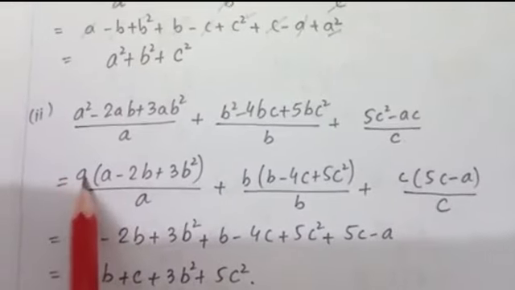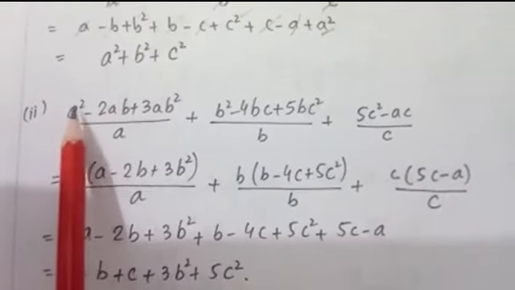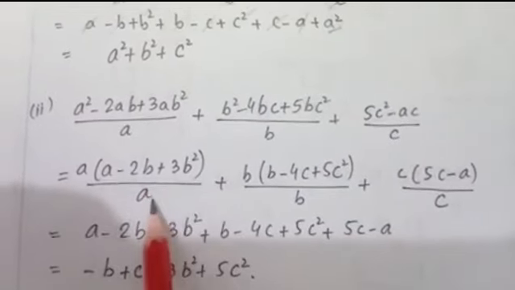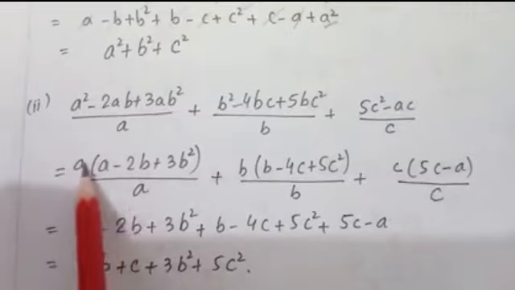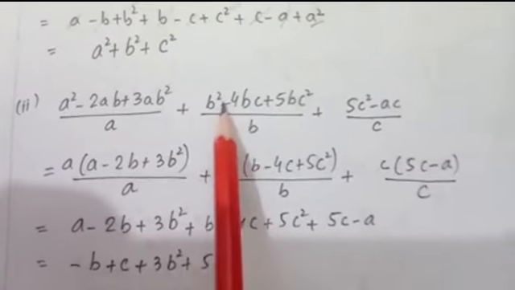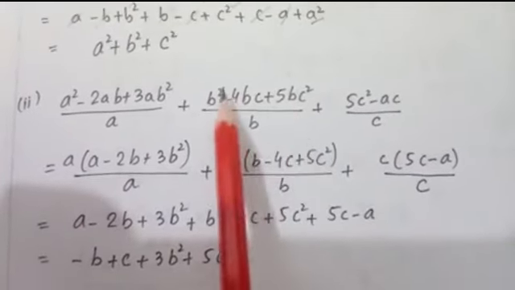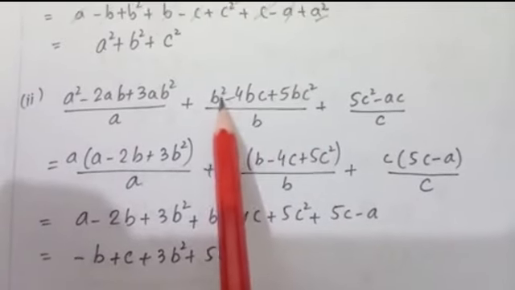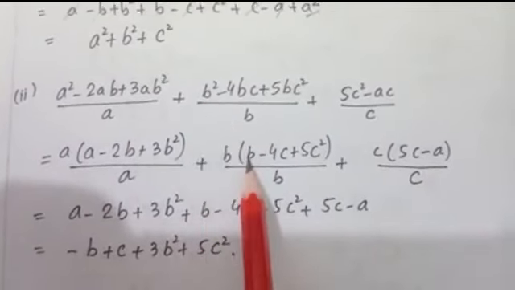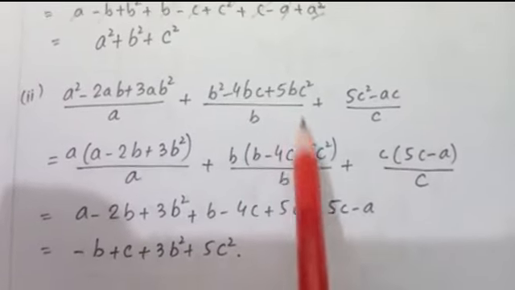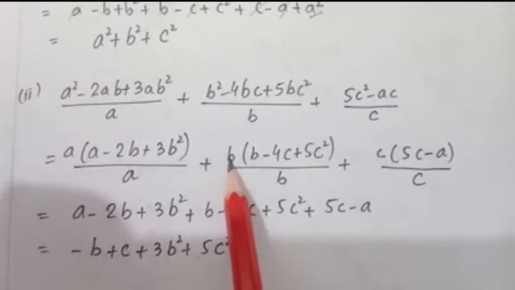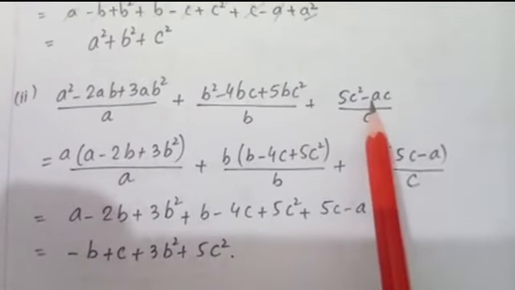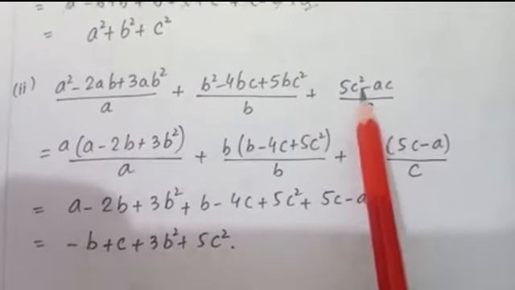So take a common. We are left with a minus 2b plus 3b^2 divided by a after taking common a, plus from this expression b is common, so take b common. Now after taking common b from this expression, we are left with here just b minus 4c plus 5c^2. 1b will be eliminated here, plus from this expression c is common, so take 1c common.